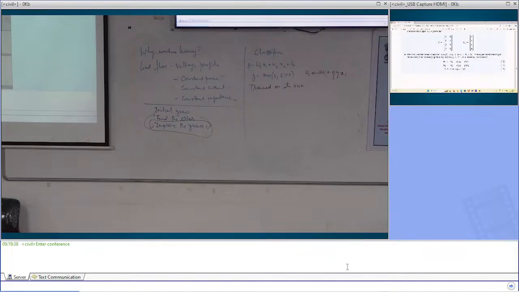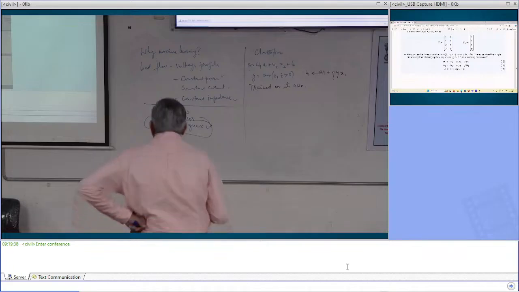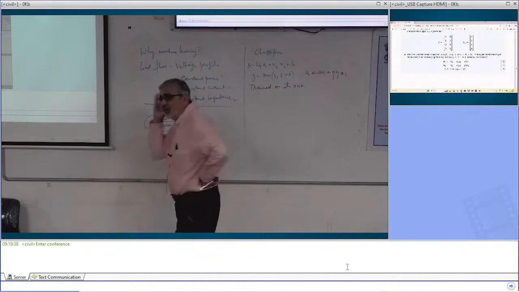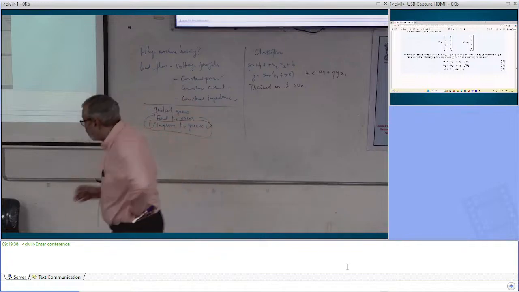So what did the dot product give us? We linearized the equation, 100%, right? And then we obtained something. That's right, but that method has a name to improve the guess.